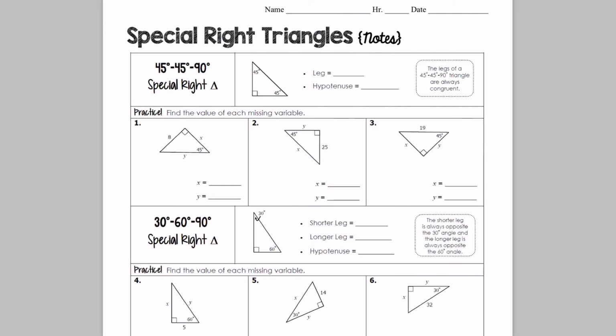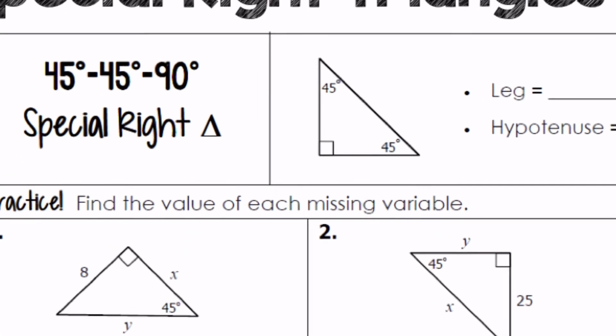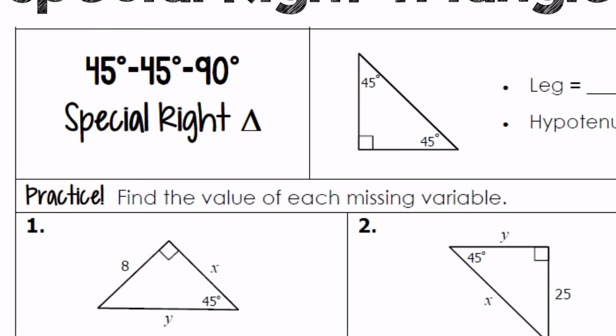Okay, so now on the special right triangles notes, there are 2 different types of what we call special right triangles, okay? They have special qualities that let us, based on knowing the degree or the angles, find the sides easily. The first one is what we call a 45-45-90 degree triangle.